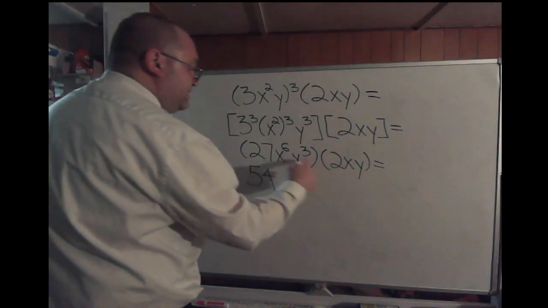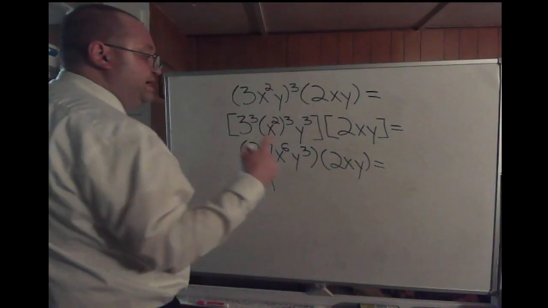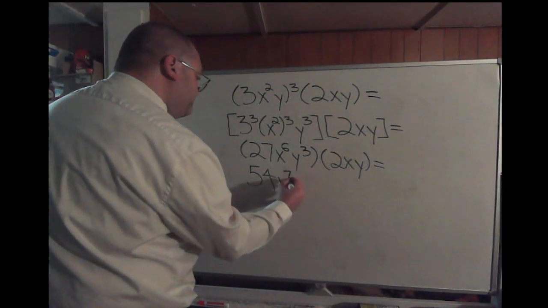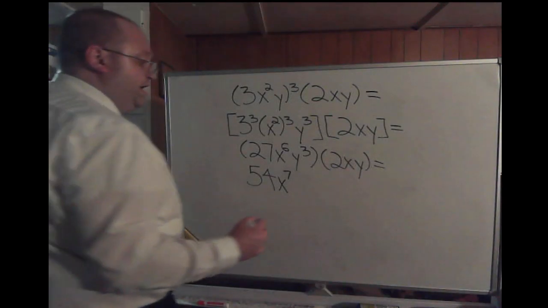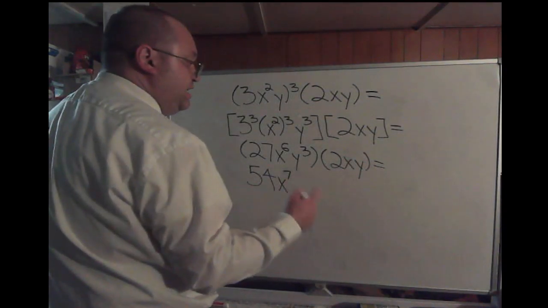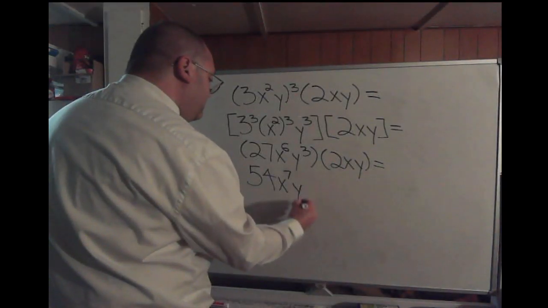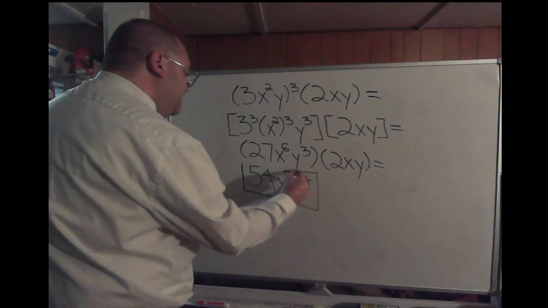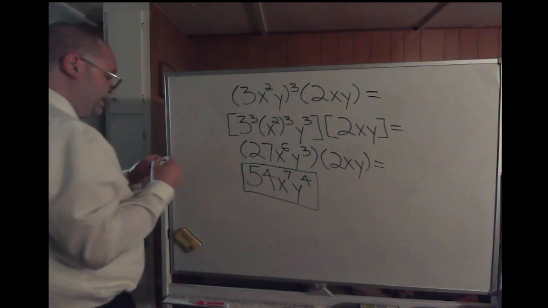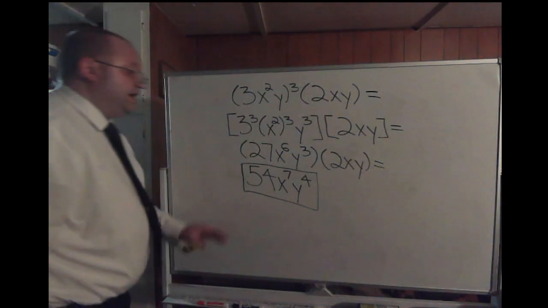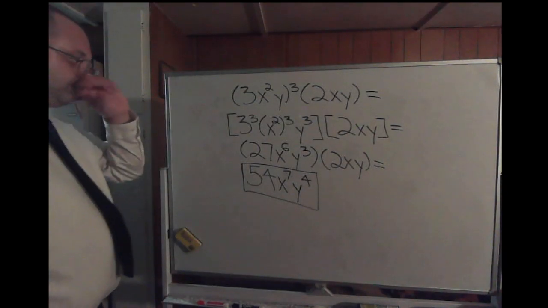So x to the 6th times x to the 1st would be x to the 6th plus 1, which would be x to the 7th. And then you have y to the 3rd times y to the 1st, which would be y to the 3 plus 1. That'd be y to the 4th. So the answer you should get would be 54x to the 7th, y to the 4th, by the time we've done everything.